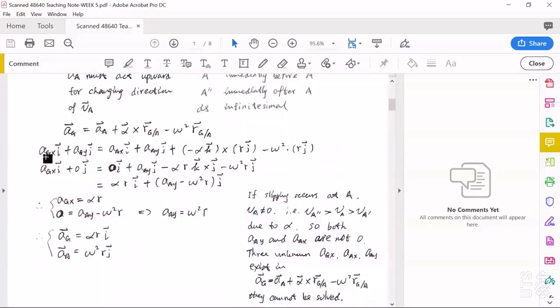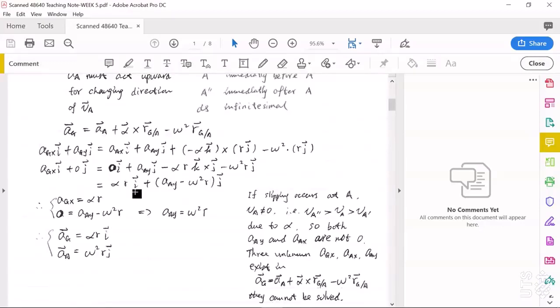Based on our analysis just now, we know AGY should be 0 and AAX should be 0. Then rearrange the right side. Before i, we have alpha R, and before j, we have AAY minus omega square R.